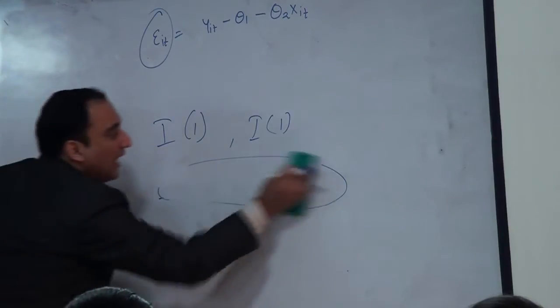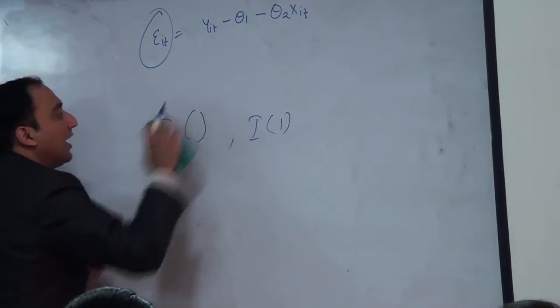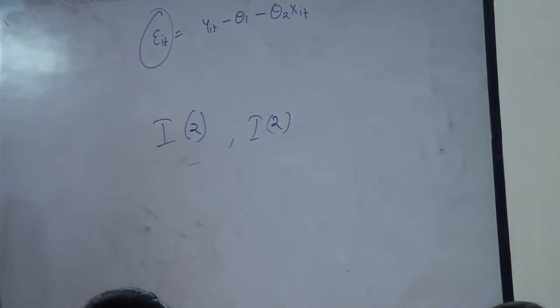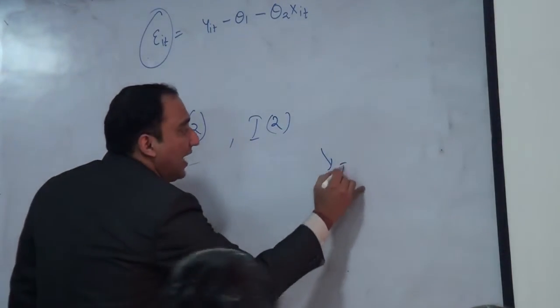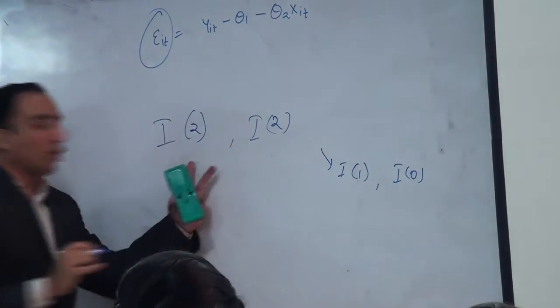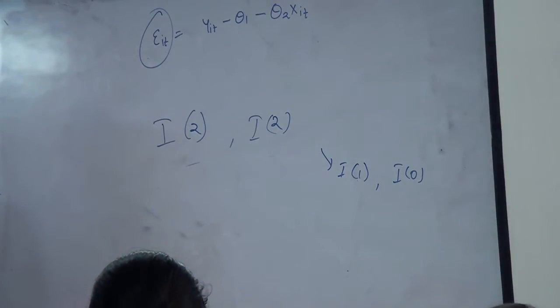Similarly, if there are two series x and y, both of order I(2), but their linear combination is either I(1) or I(0), then also the two variables are co-integrated. Okay?